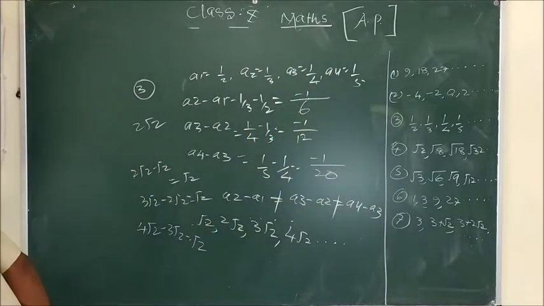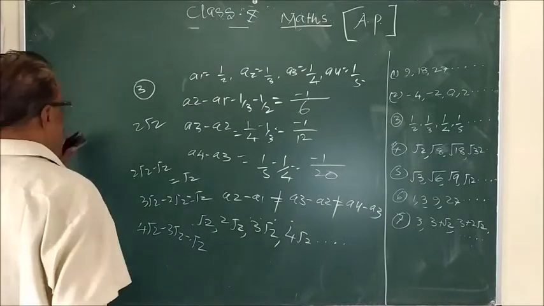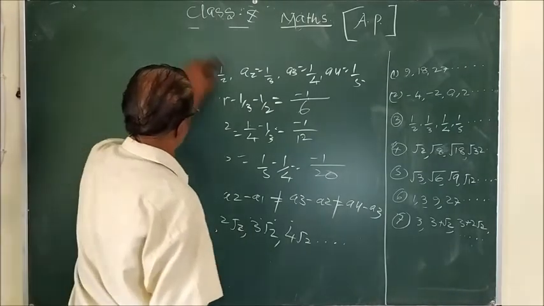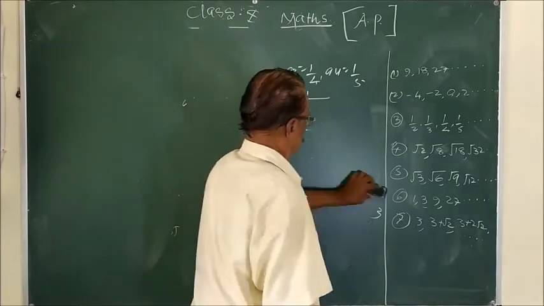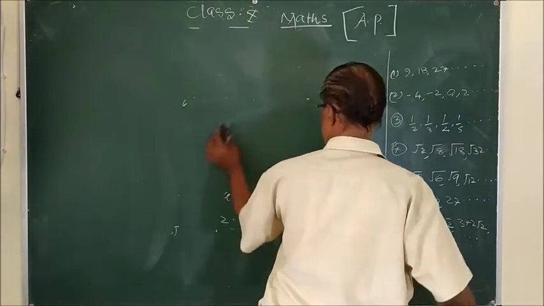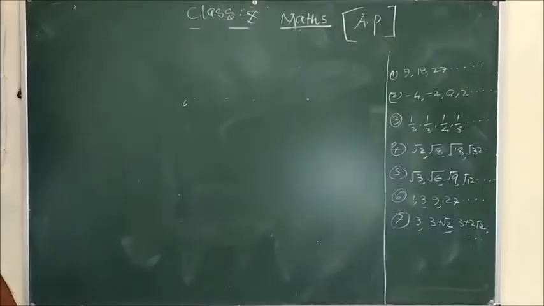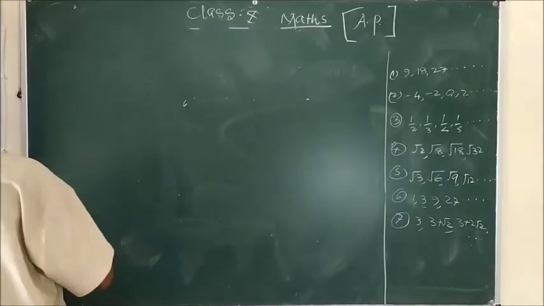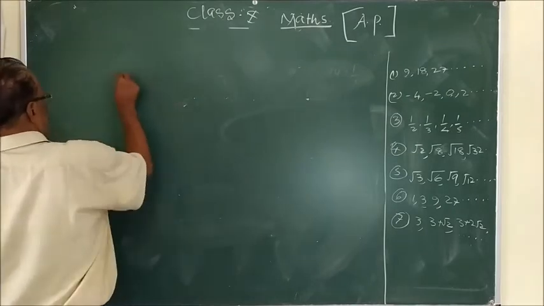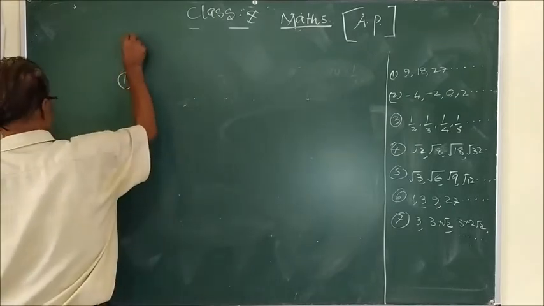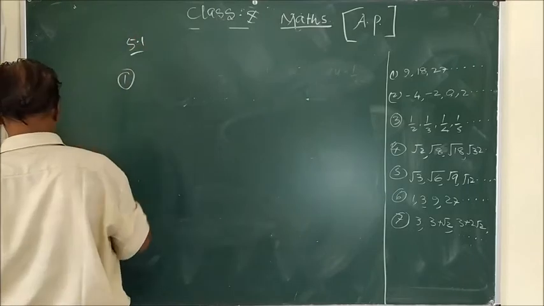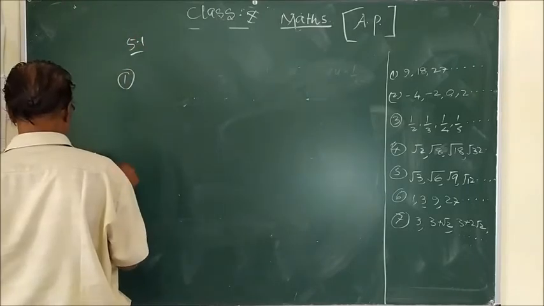फर्स्ट में है एक क्वेश्चन देखिए 5.1. The taxi fare for first kilometer is rupees 15. Is it in AP or not? तो यहाँ पर देखिए फर्स्ट का आपको निकालना है. Taxi fare after each kilometer.